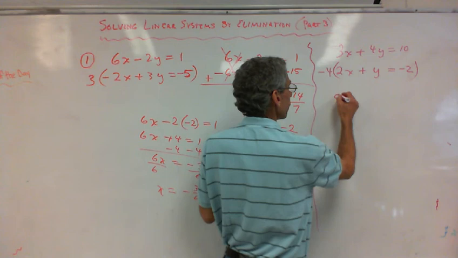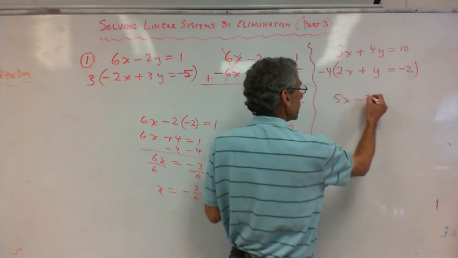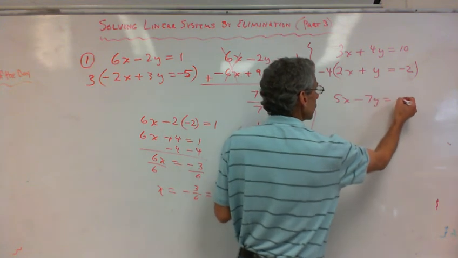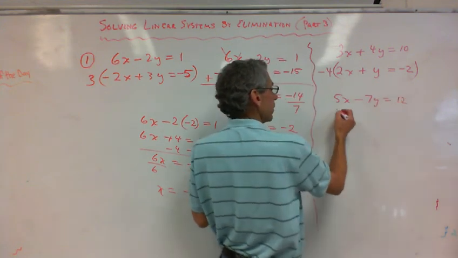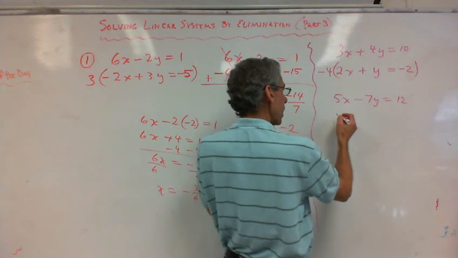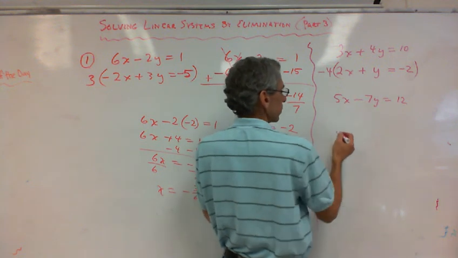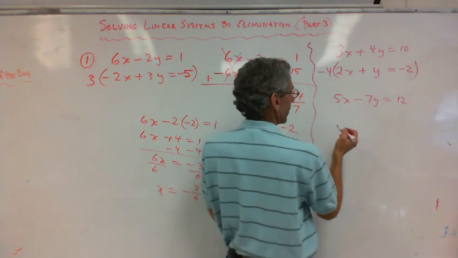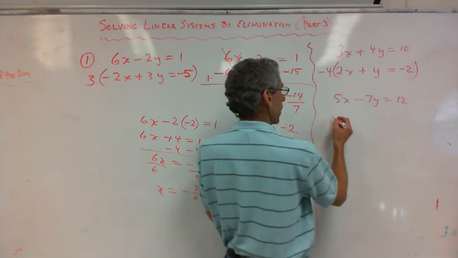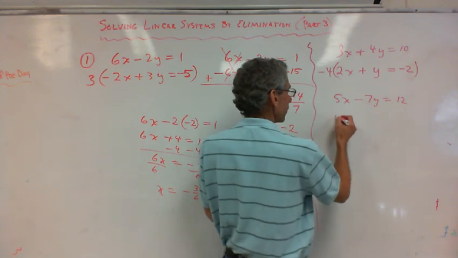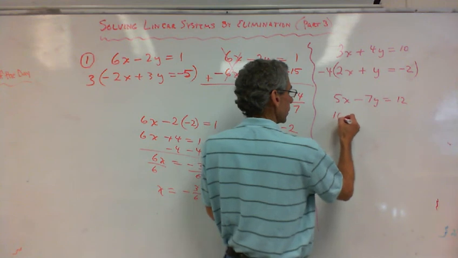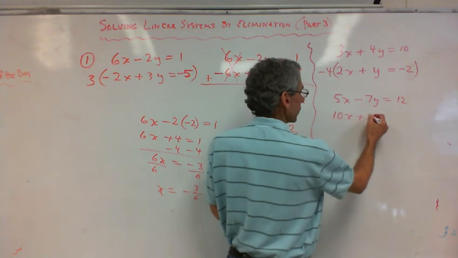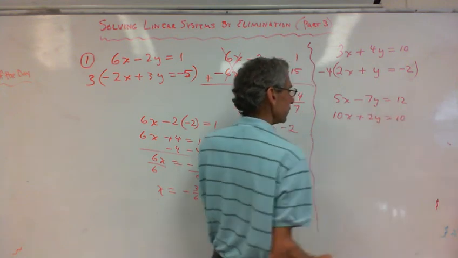Let's try another one. 5x minus 7y is equal to 12 and 10x plus 2y equals 10.